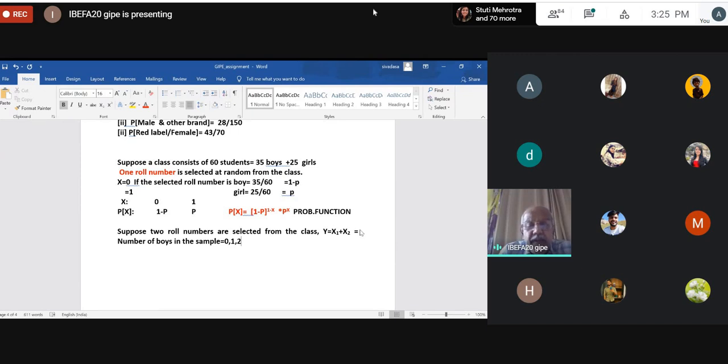When will Y take the value 0? When both the students are girls. Correct. That is the meaning I want. Nobody should say X1 equal to 0, X2 equal to 0. That is mathematics. When Y equal to 1?